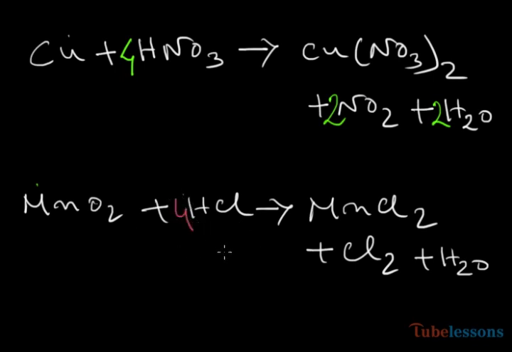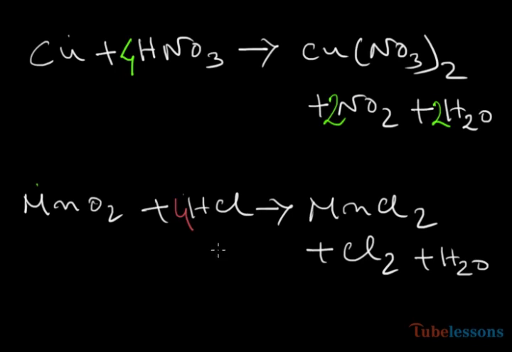Because in this way, we can make the number of chlorine atoms 4 in the left hand side. Because in the right hand side, there are 4 chlorine atoms, 2 present in MnCl2 and 2 in the chlorine molecule. So the reaction becomes MnO2 plus 4HCl gives MnCl2 and Cl2.